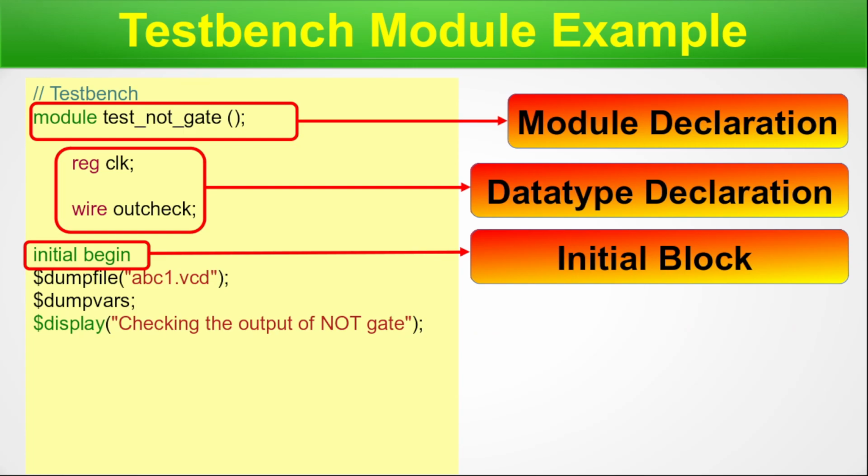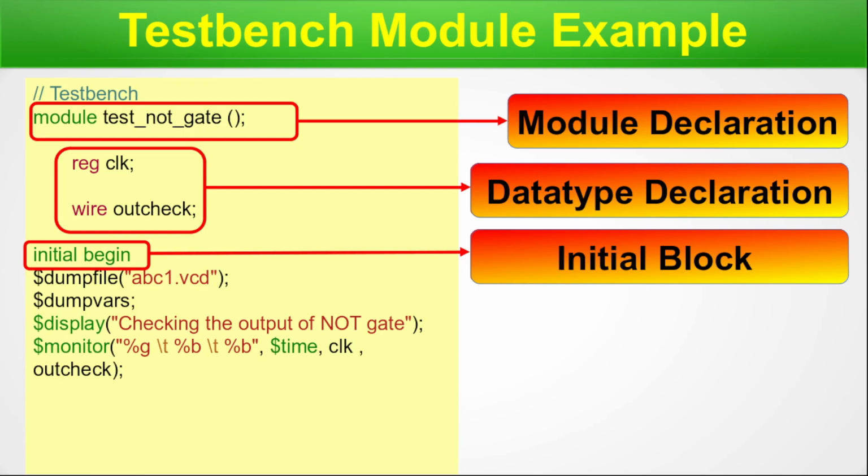Then we have a kind of printf statement, $display, checking output of a NOT gate. This is a simple printf-like statement that executes only once. Next we have a recursive printf, that is $monitor. Here we use %d, %b, %b. Then we mention $time, CLK and outcheck. These are very similar to your C printf command.